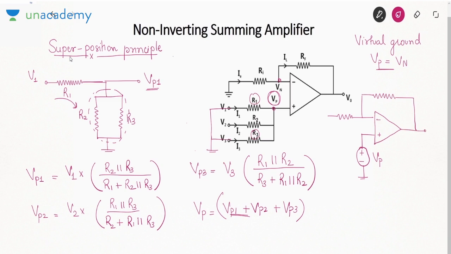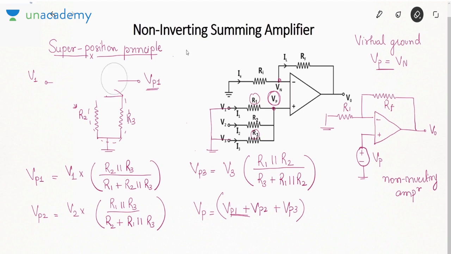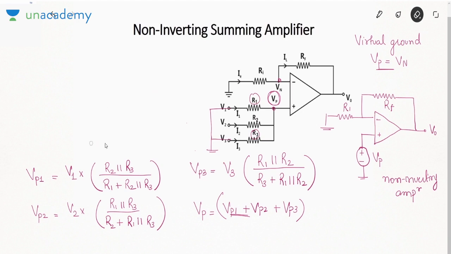This is V0, RF, R1 and ground. Now this is simply a non-inverting amplifier. Remember the gain of non-inverting and inverting amplifier. Based on that, I can find the value of V0. V0 is VP into gain. What is the gain? 1 plus RF by RI.